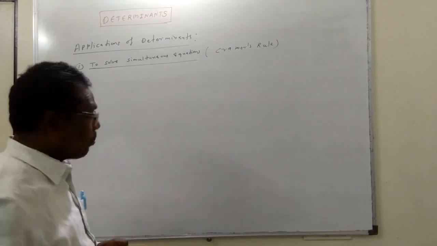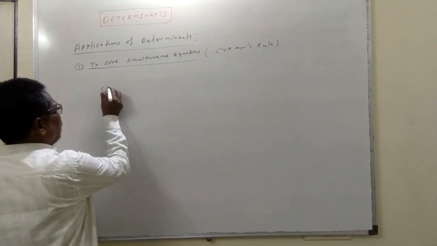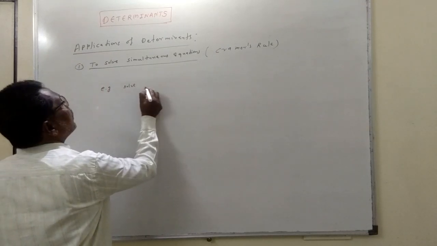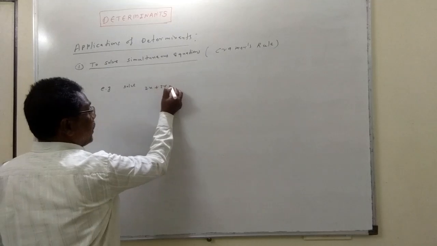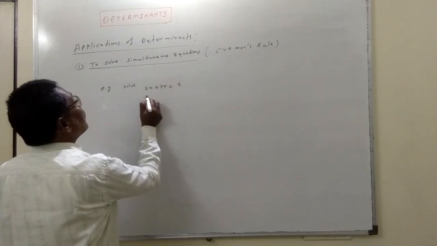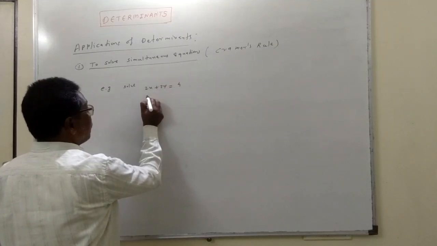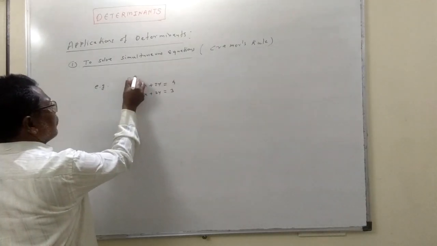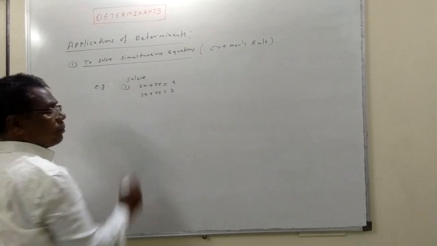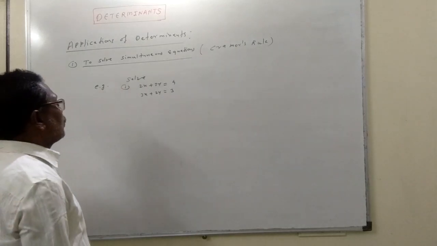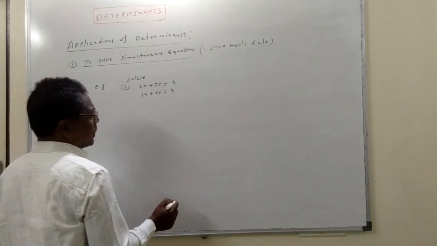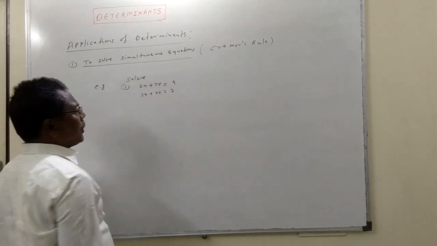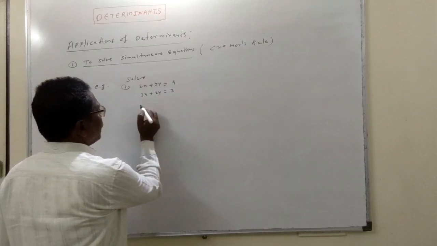Okay, we'll take one example here. Now we'll solve some examples for this Cramer's rule in 2 unknowns. So solve 2x plus 3y is equal to 4, 3x plus 2y is equal to 3.